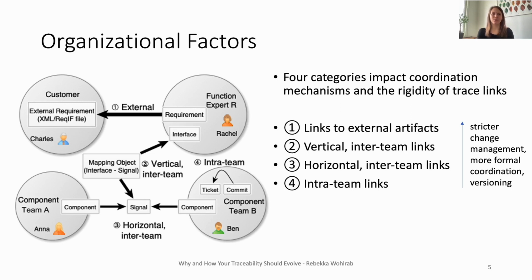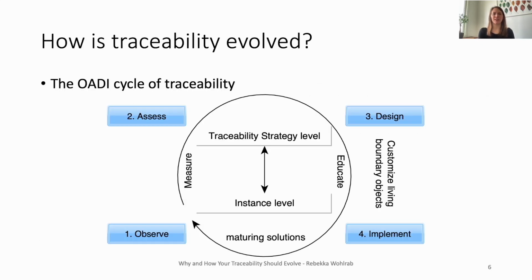To describe these different changes, we saw that this cycle of traceability can actually be used, that we define in this paper. It starts with the observing phase, where we look at different instance levels and stakeholders to see how the traceability strategy has been instantiated.